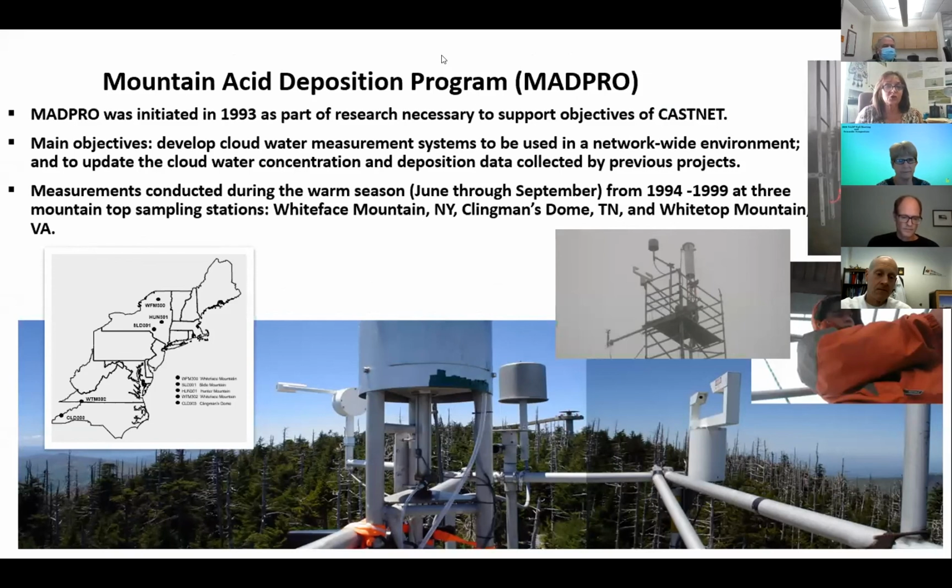And the map here shows the 3 main stations from that, Whiteface Mountain in the Adirondacks, Whitetop Mountain in southwestern Virginia, and Clingman's Dome here in the Great Smoky National Park. And Jason's case study focuses on the Clingman's Dome site. Next slide, please.